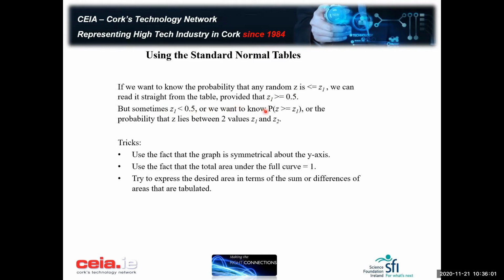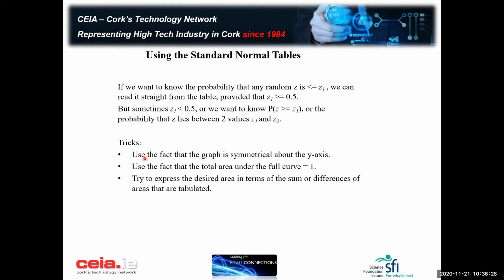Sometimes Z1 will be less than 0, and we want to know the probability that Z is less than 0. Other times you want to know the probability that Z is greater than some value Z1, or the probability that Z lies between two values, Z1 and Z2. We can't directly read any of these from the table, so there are some tricks.